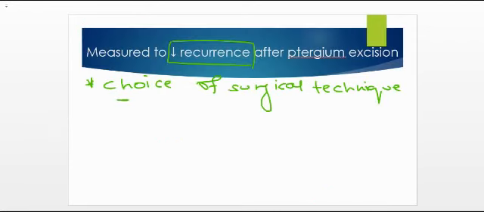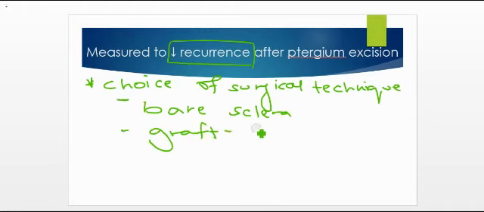So you can write that down: surgical excision with bare sclera technique or graft technique, especially the free conjunctival graft. These are the two common techniques useful.